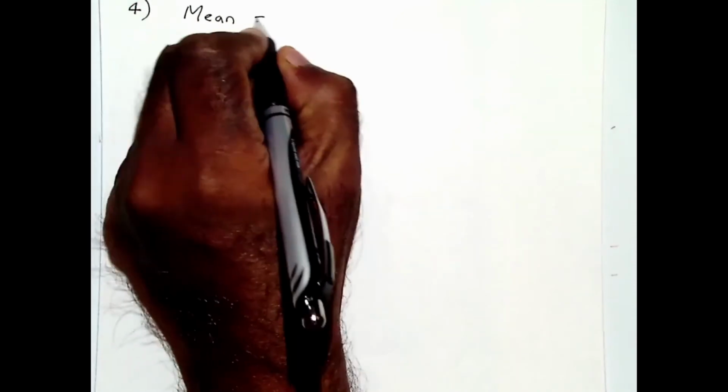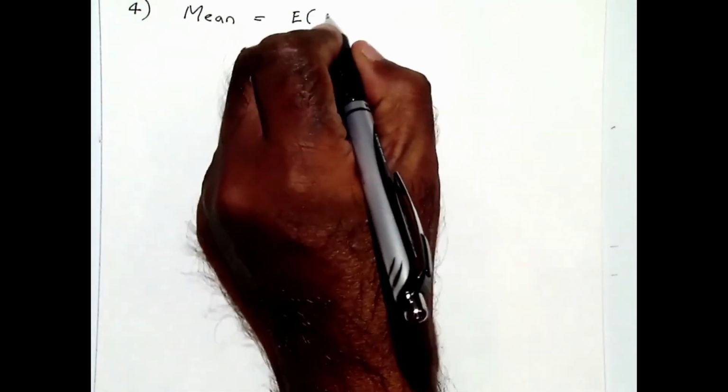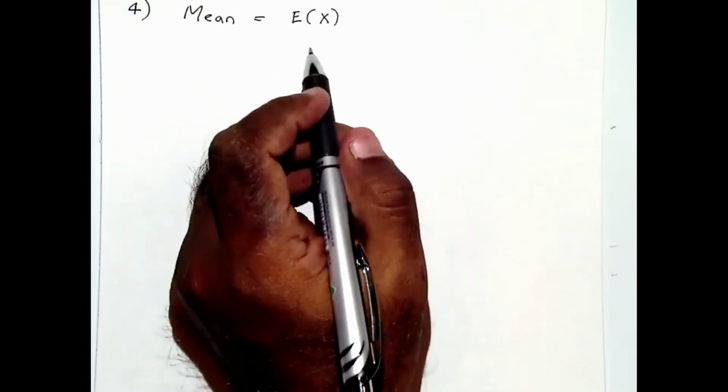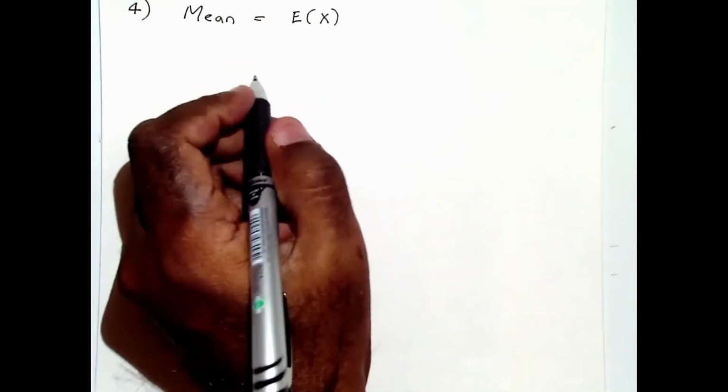let me take this away. Part 4 of sheet 7 is asking you for the mean. Remember, the mean is simply the expected value of x, right? So all you have to do is put n equal to 1 into the previous expression that we got.